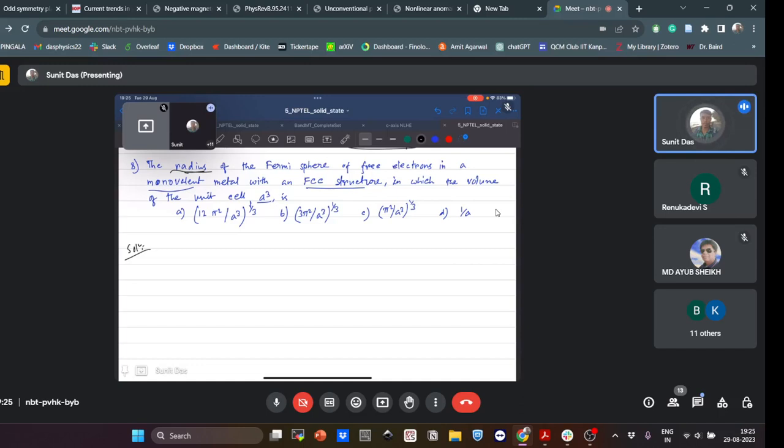So these things have to be kept in mind. Monovalent metal means only one electron, and there is an FCC structure, that means 4 atoms per unit cell.